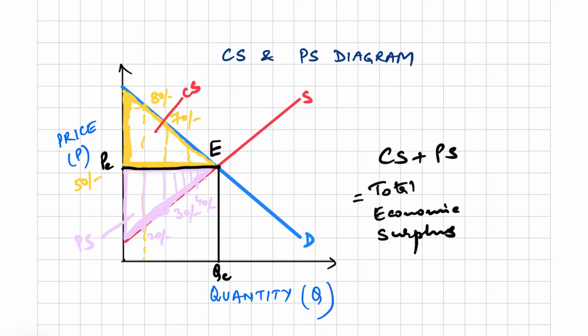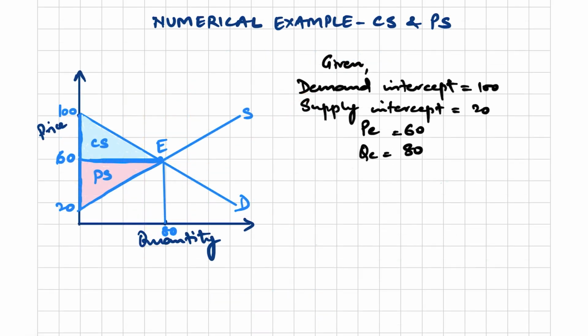Now let's put some simple numbers on this and see how we can calculate each surplus mathematically. Let's take this example. Let's say the demand curve starts at a price of rupees 100 and the supply curve starts at 20, and their equilibrium happens at price 60 and quantity 80 units.